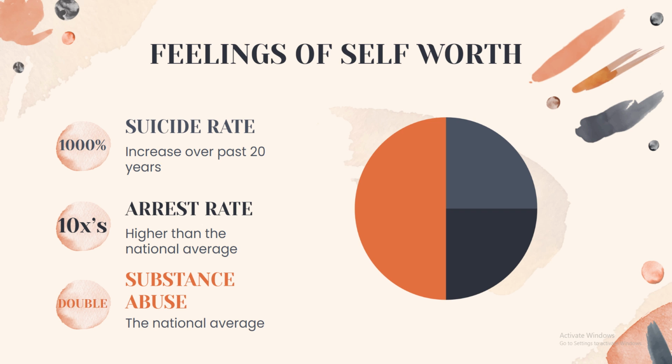Numerous studies have found that self-esteem or self-worth is directly correlated to higher academic achievement, decreased levels of depression and suicidal ideation, as well as greater levels of confidence. So the lower your self-worth, the higher those rates of depression and suicidal ideation are going to be, and the lower your academic achievement is going to be.